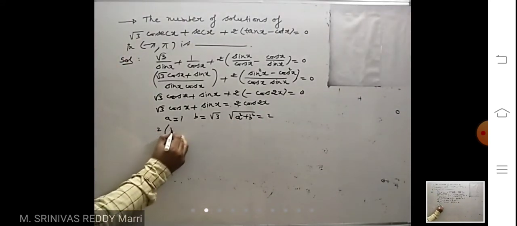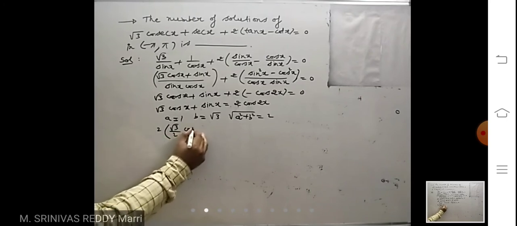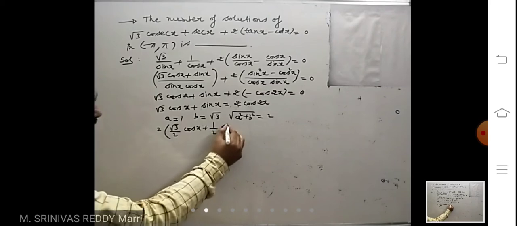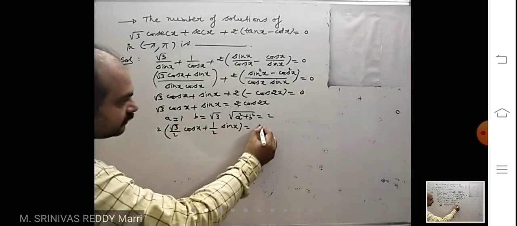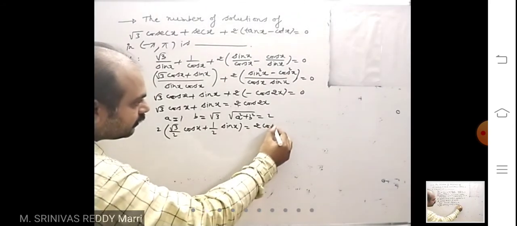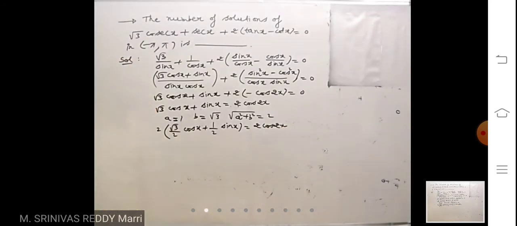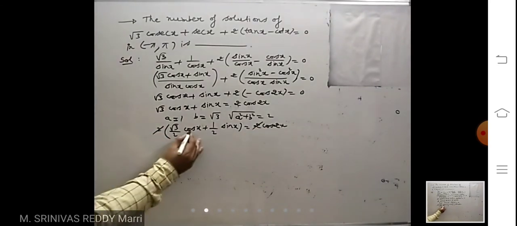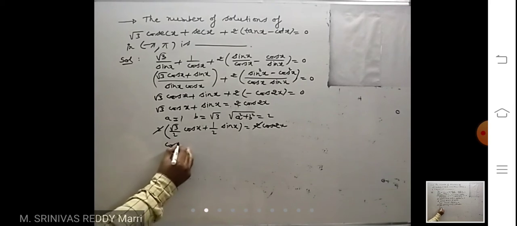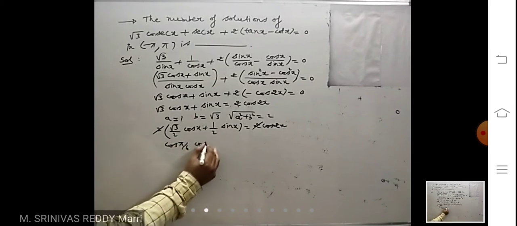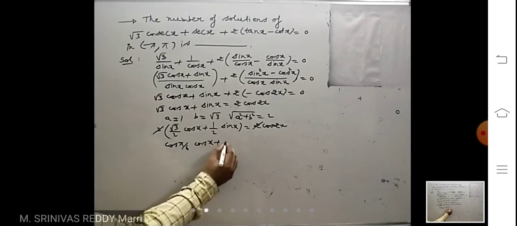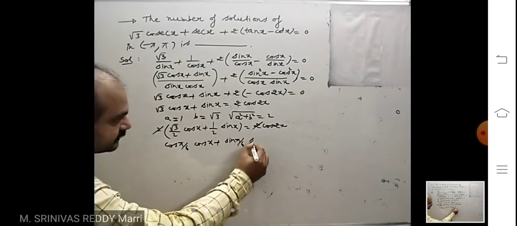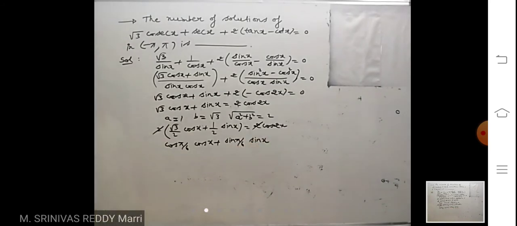Multiply and divide. Root 3 by 2 cos x plus 1 by 2 sin x equal to 2 cos 2x. This 2 will get cancelled, right? Now, here this is cos pi by 6 cos x plus sin pi by 6 sin x, right?